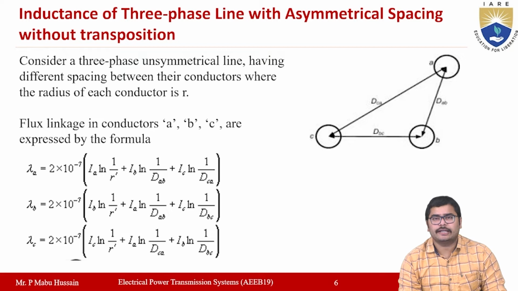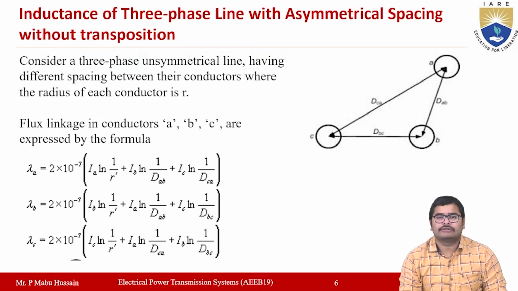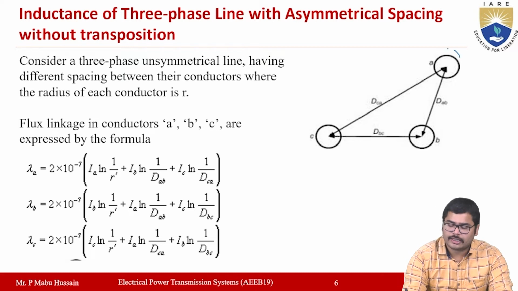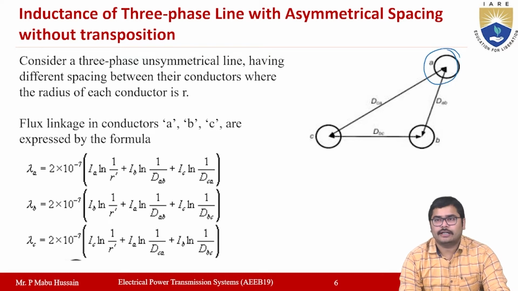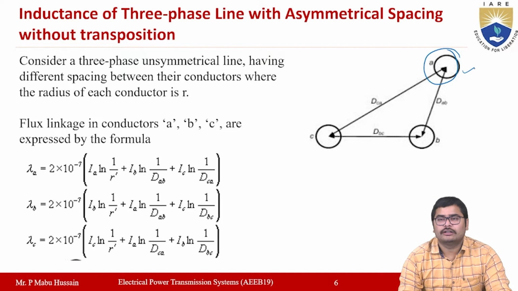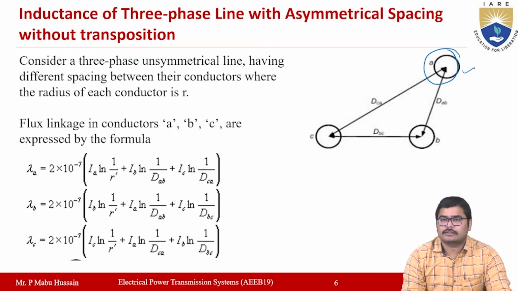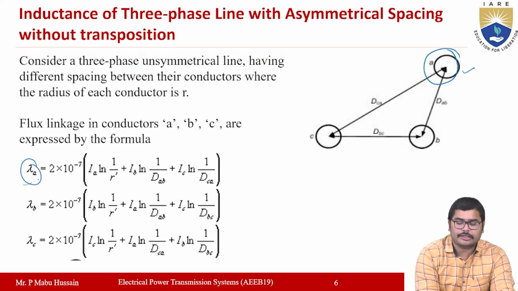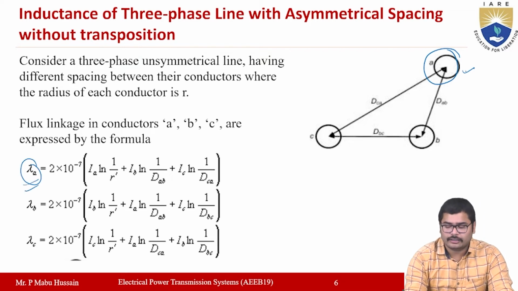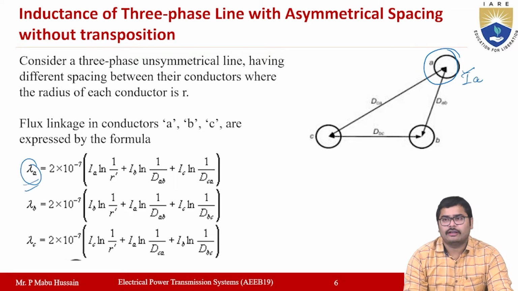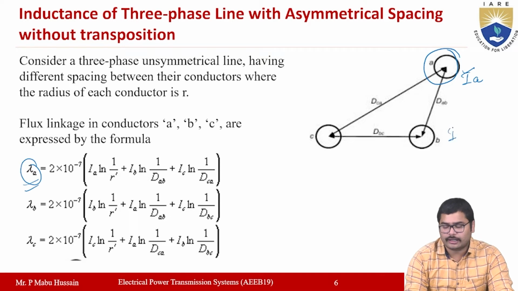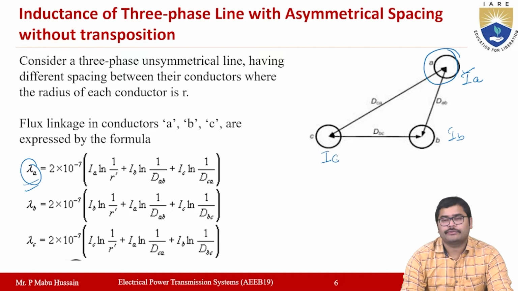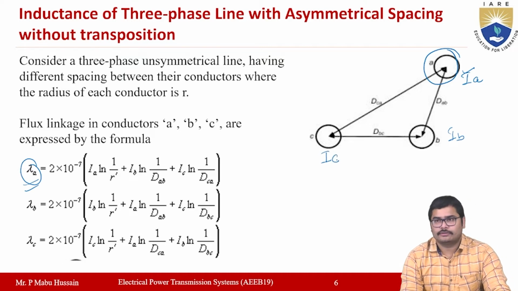For determining the inductance, first you need to develop the flux linkages of each conductor. First consider conductor A. What are the flux linkages of conductor A? The flux linkage of conductor A is due to the current flowing in its own conductor, IA, due to the current flowing in conductor B, IB, and due to the current flowing in conductor C, IC.